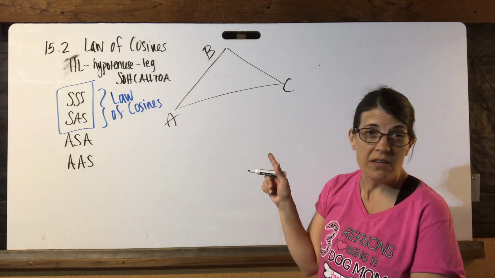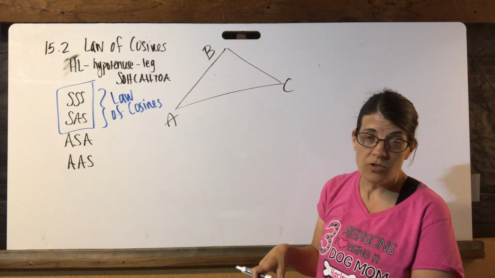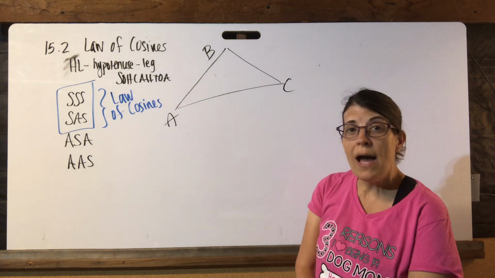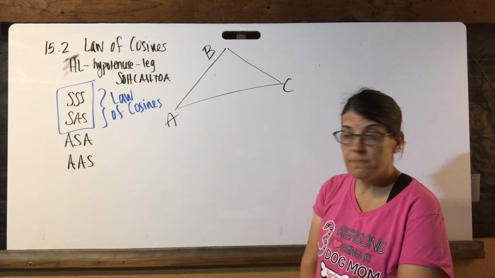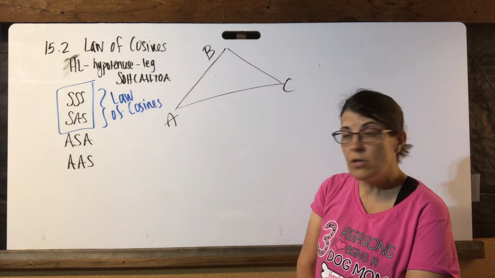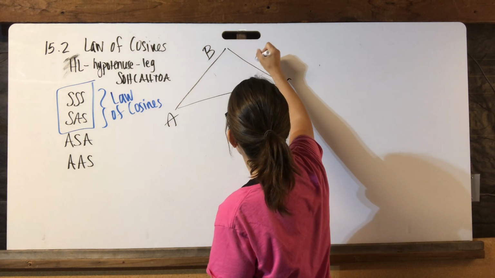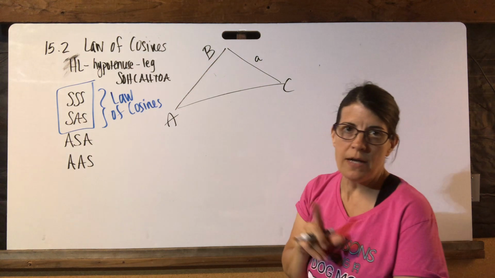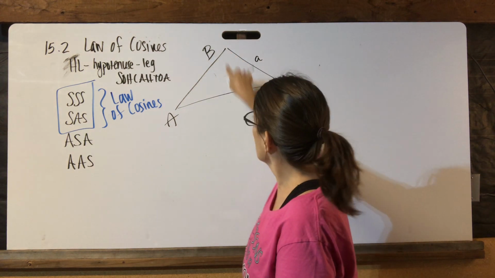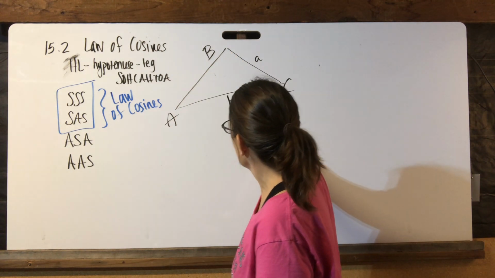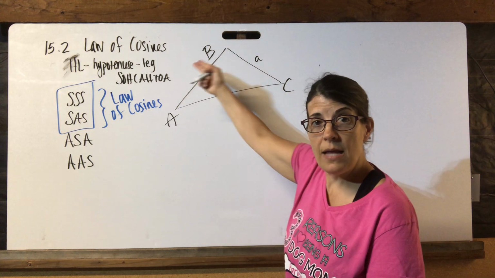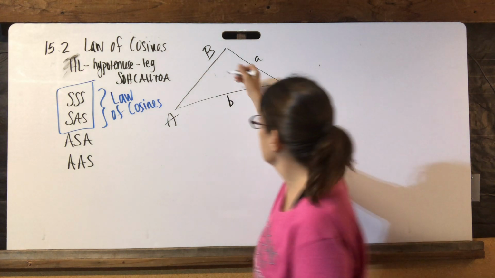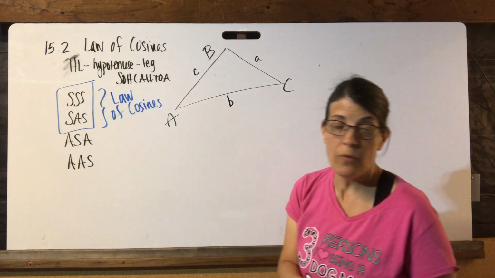All my triangles look like this. None of my triangles are drawn to scale. Some notation: opposite angle A is side A. Opposite angle B is side B. And opposite angle C is side C. Okay, great. Well, where's the Greek?